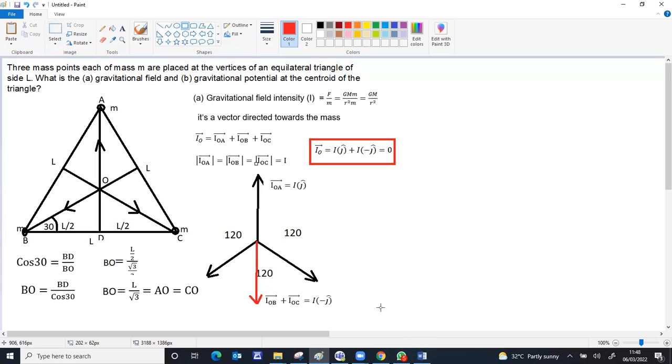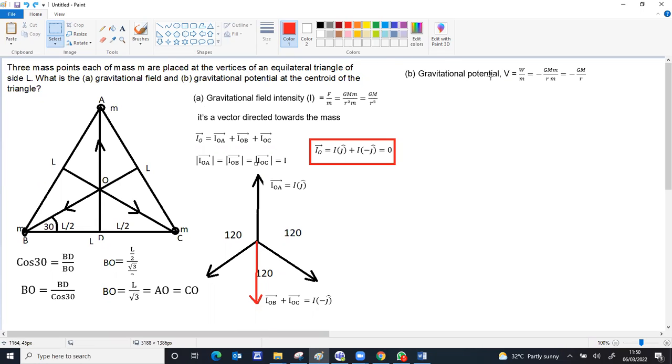For calculating the gravitational potential, you need an expression for gravitational potential first. The definition of gravitational potential is work done per unit mass.